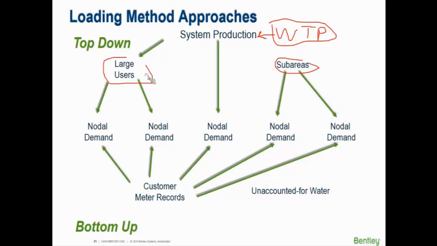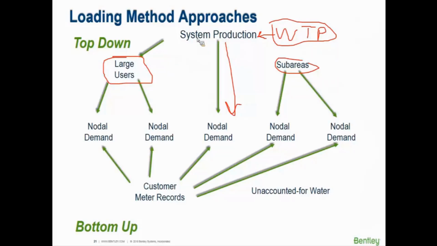And then maybe some of the large water users, you already know what their water meter data is. You've got that. That's no problem. Great. But then some of the flow goes on out into the rest of the system to the nodes, and you're not quite sure how accurate that is because there's flow meters, but there may be water loss and unmetered flow and flushing and all these other things.